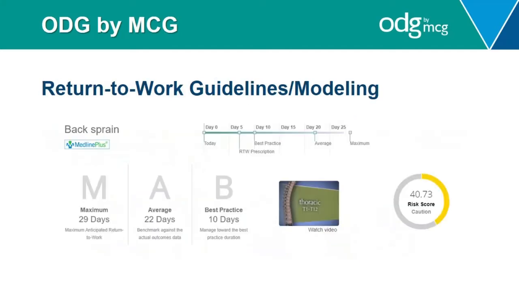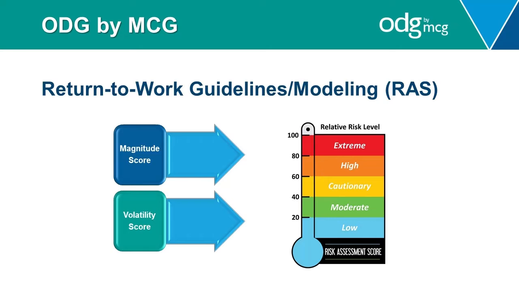ODG provides return-to-work guidelines at the diagnosis level and at the claim level, where it takes into account all claim-specific factors like age, demographics, comorbidities, multiple conditions, and it includes these return-to-work projections at 3 different benchmarks: best practice, average, and maximum.